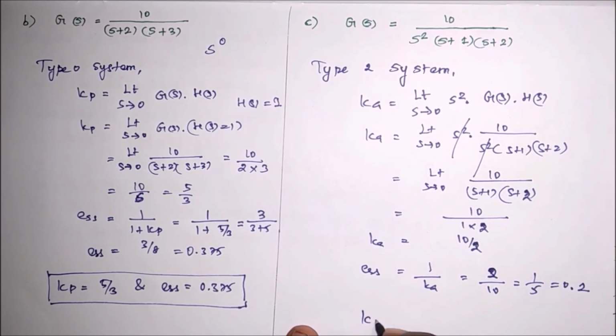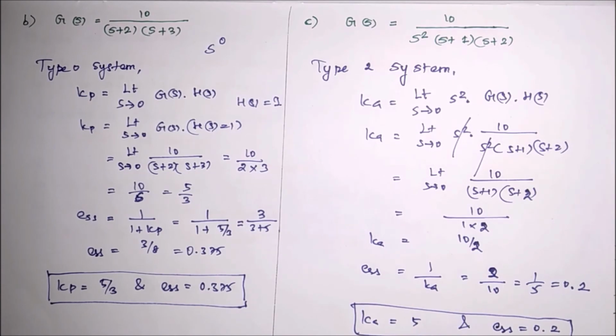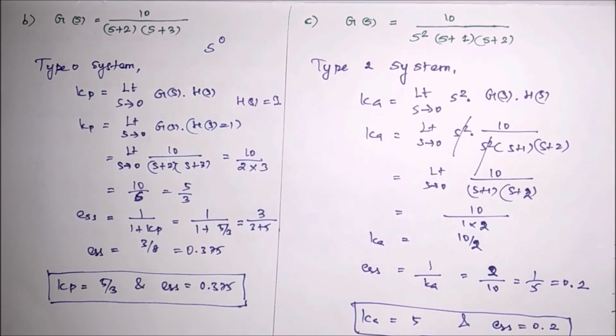So now we calculated the required acceleration error constant. It is a constant value 5 and its steady state error is also a constant value. Its value is 0.2. So we calculated the corresponding error constant and also its steady state value for all three given open loop systems.